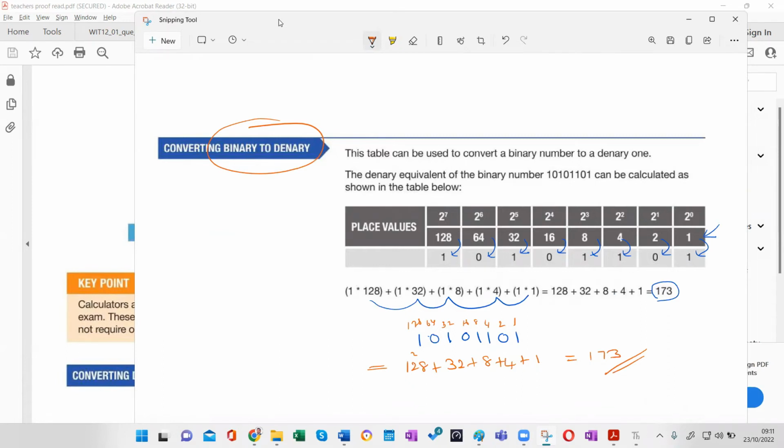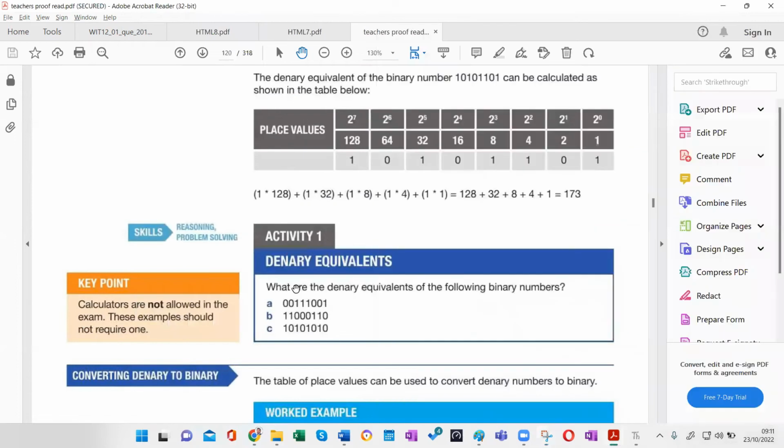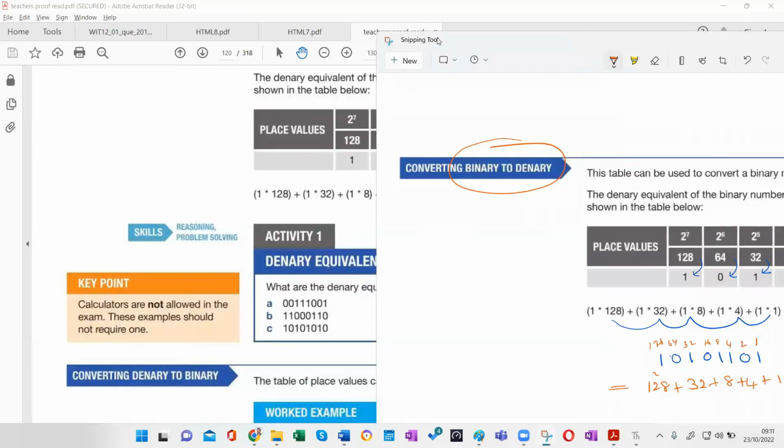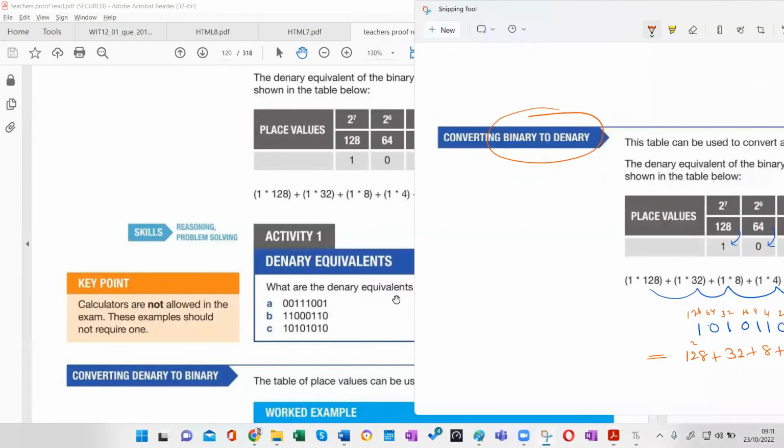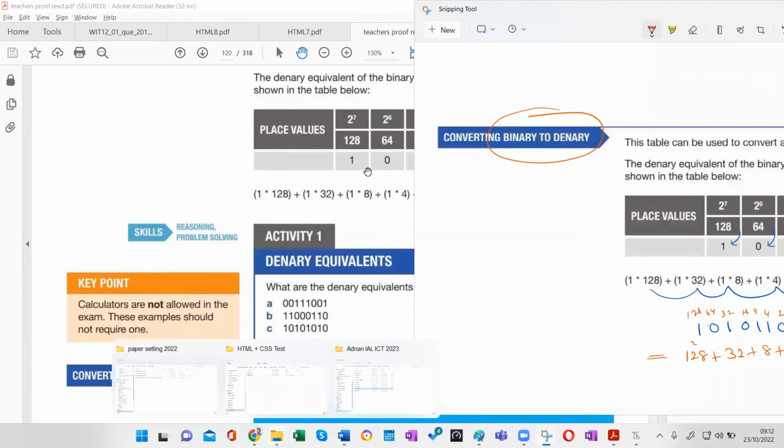Okay. Let me take another example, right? Because they have given here: what are the denary equivalents of the following binary numbers? Let me take one more and give the other two to you, right? Okay, watch very carefully.